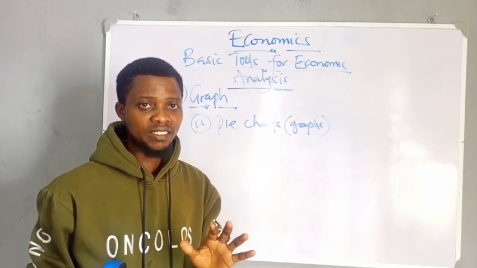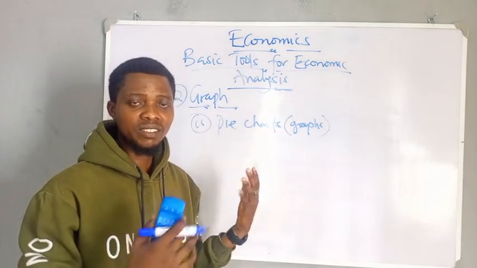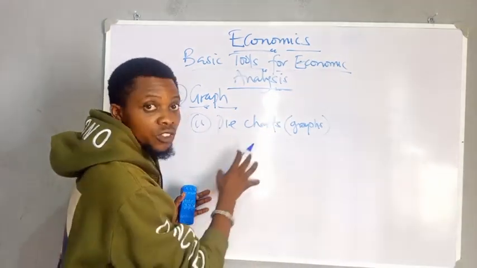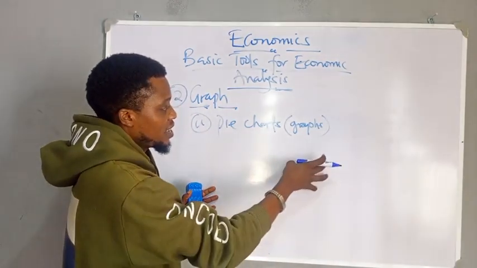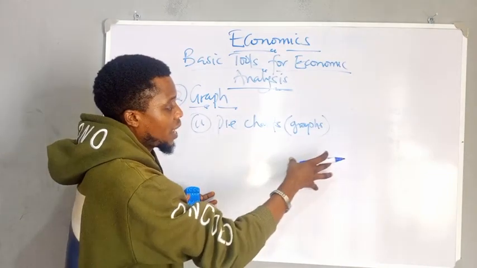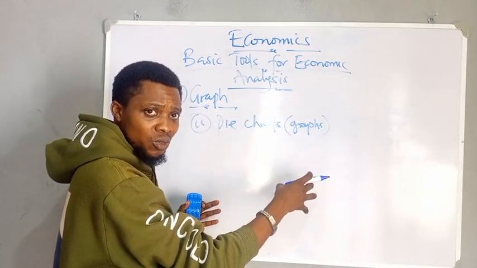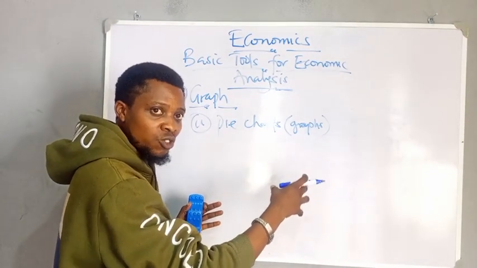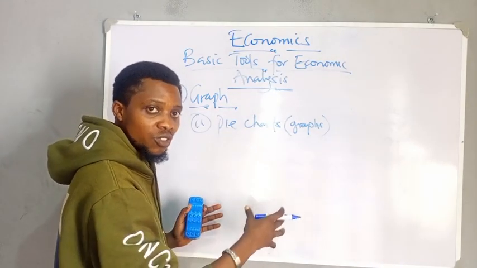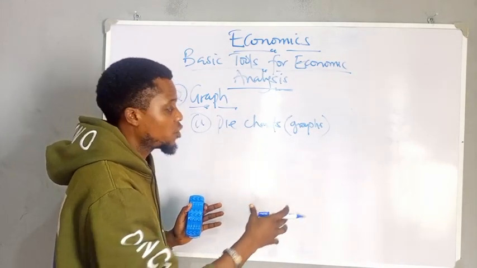Did you get that? Let me come again. A pie chart is simply a circle that is divided into sections or sectors, such that values or degrees are assigned to each section.